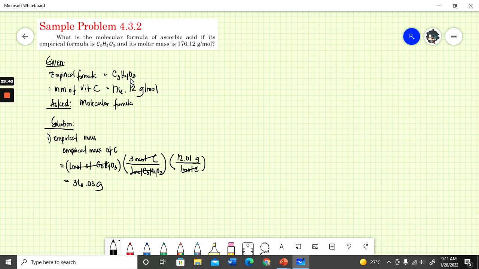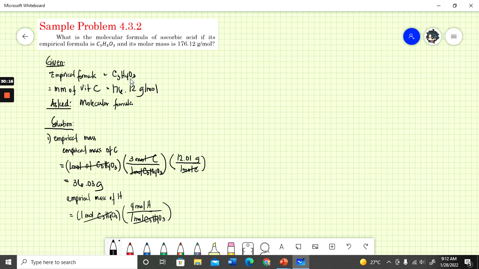We're going to do that for hydrogen and oxygen as well. Let's go ahead and do that. So, the empirical mass of hydrogen. Again, you want to take 1 mole of C3H4O3 multiplied by 4 moles of hydrogen, since there are 4 moles of hydrogen in 1 mole of C3H4O3.